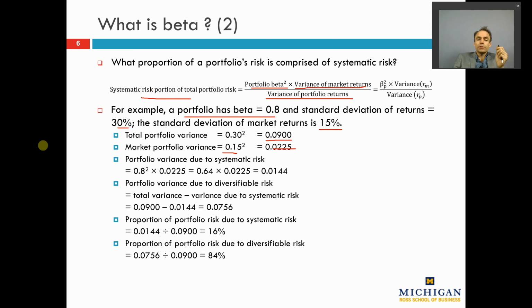Well, under those computations, your portfolio variance that is attributable to systematic risk, that is this numerator in the equation, is 0.0144. The total portfolio risk is going to be equal to 0.09, and therefore the proportion of your portfolio risk that can be attributable to systematic risk is 16%. And that means that the remaining portfolio risk, which is attributable to diversifiable risk, is going to be 84%.